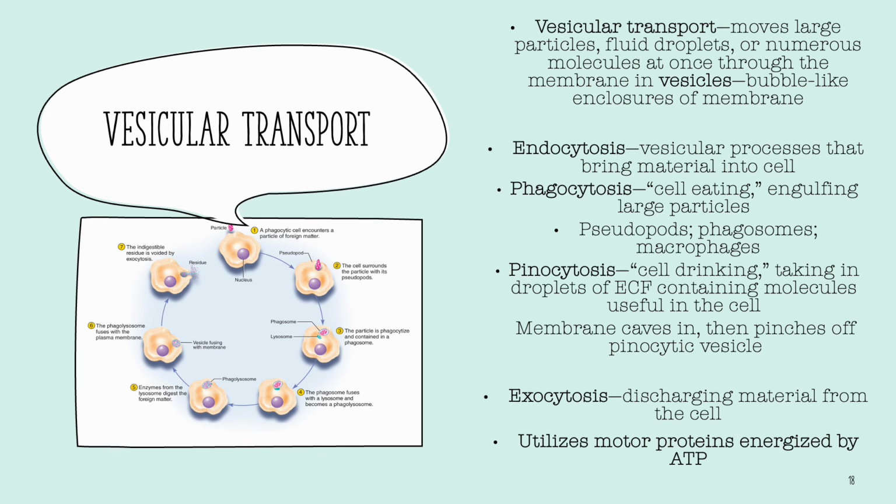Vesicular transport. It's a mechanism for exchange of proteins and lipids between the membrane organelles in eukaryotic cells. What it does is it moves large particles, fluid droplets, or molecules through the membrane in a vesicle. A vesicle is a bubble-like enclosure.